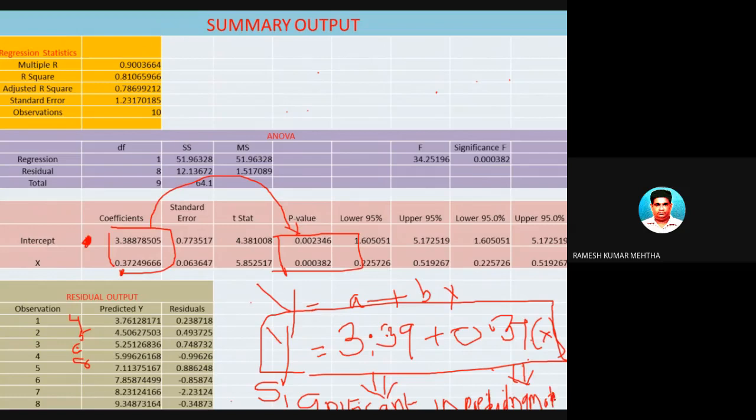If it is not significant, we will ignore it. If it is significant, we will keep it in the model, and we will have an equation like this. Now, how do I find out the significance of this independent variable, or the value of x?